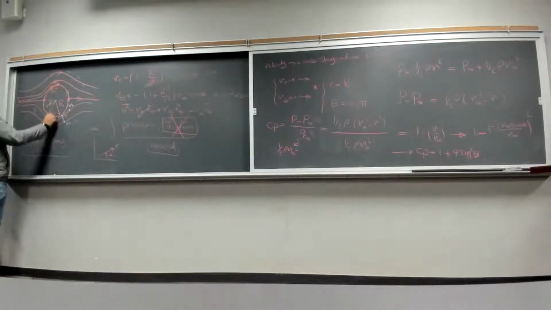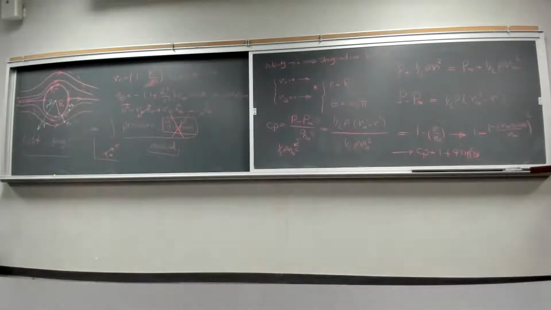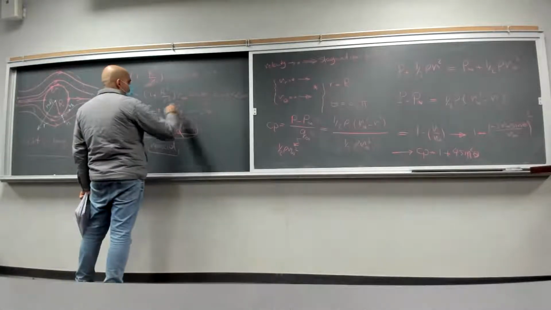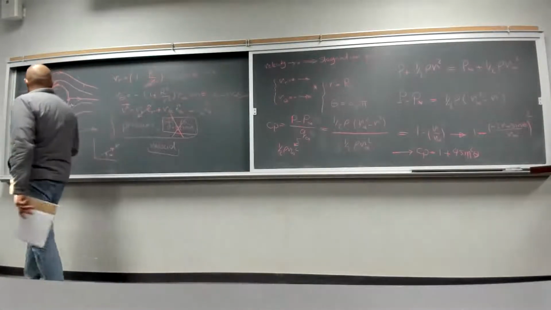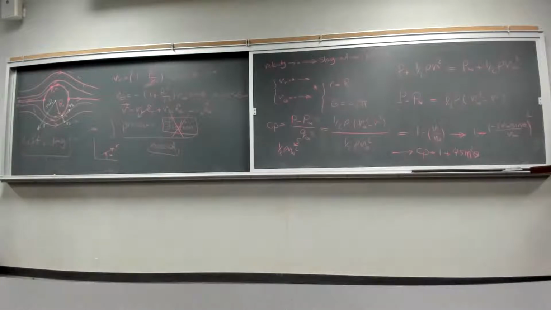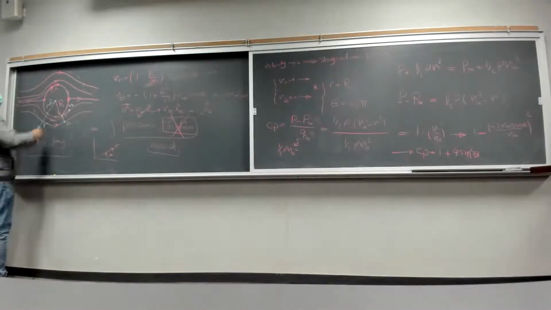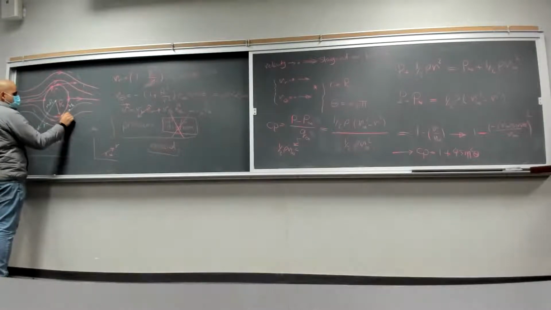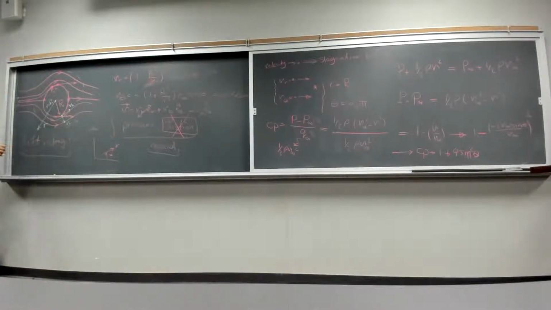Exactly. So VR is going to be 0. The velocity is only v theta, and the max velocity will be where sine of theta is 1, which essentially means that your max velocity is going to be 2 v infinity in this direction, on these 2 points.